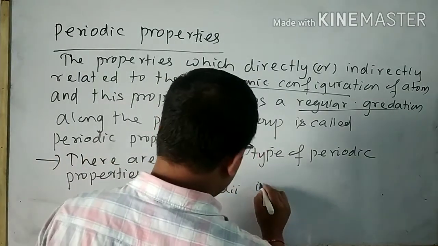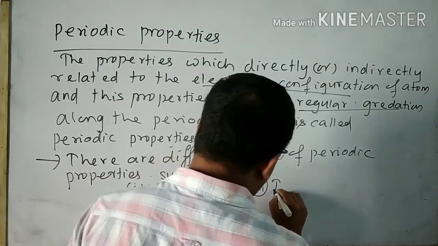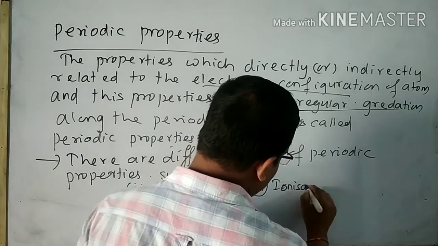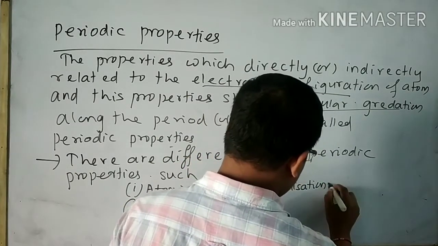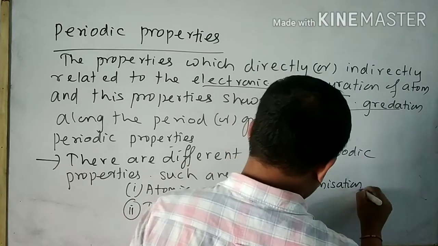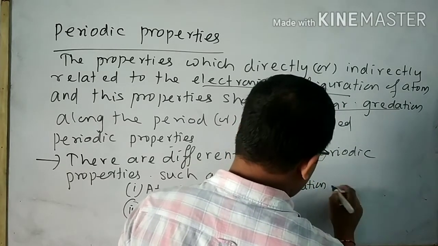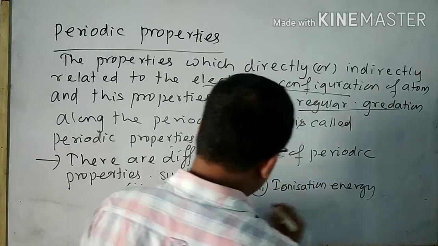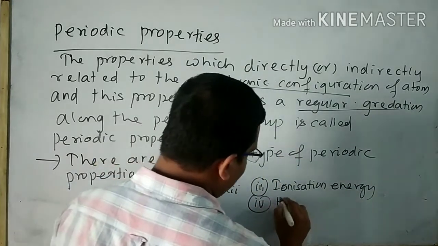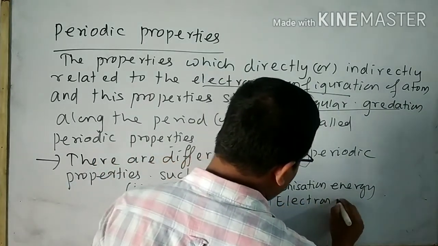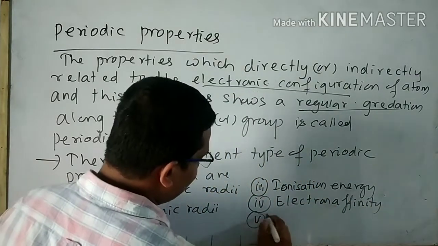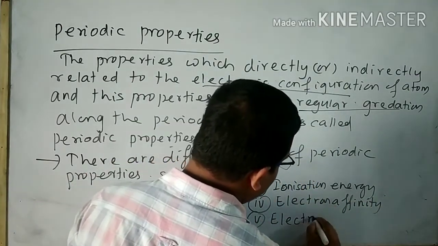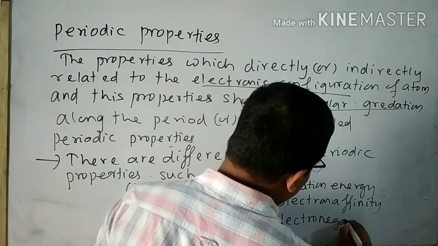Next is your ionization energy. Next is your electron affinity. Next is your electronegativity.